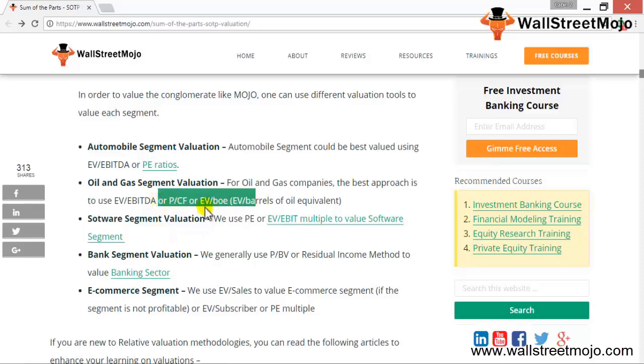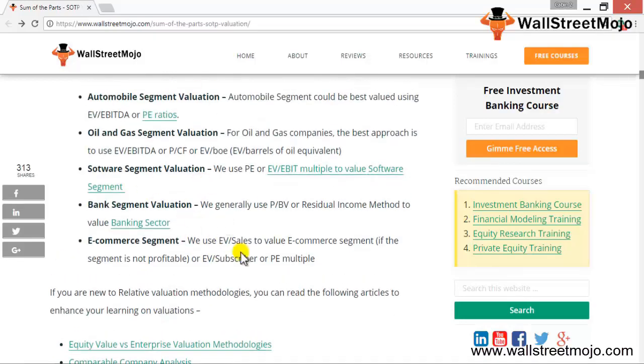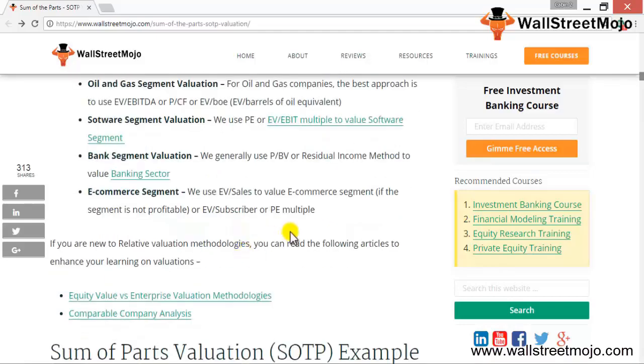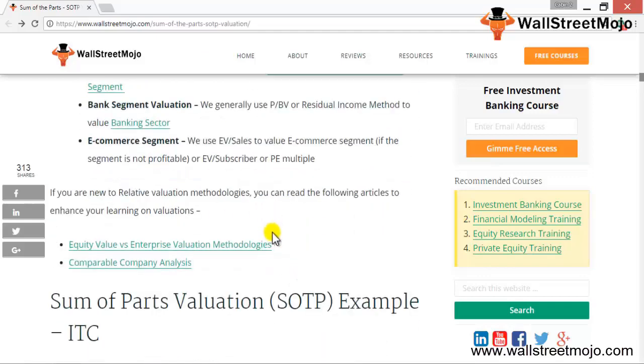These are the kind of multiples which will be used in oil and gas. Then software is again PE, and the banking would be price to book value. And then again the e-commerce segment is EV by sales. So these are the kind of different multiples which one can use for valuing different businesses, and then all of the values can be summed up.